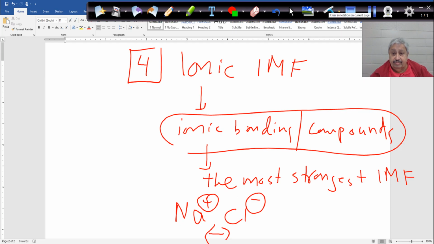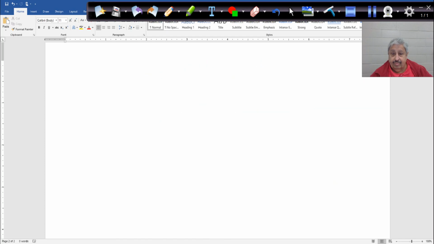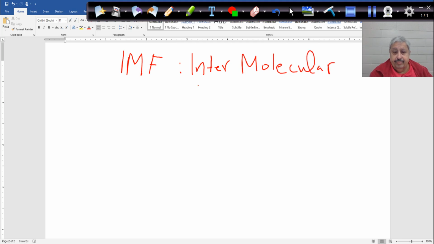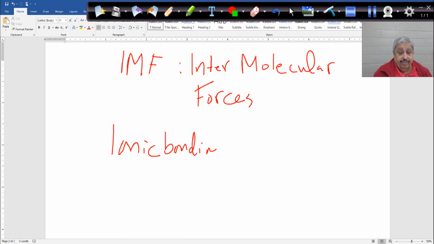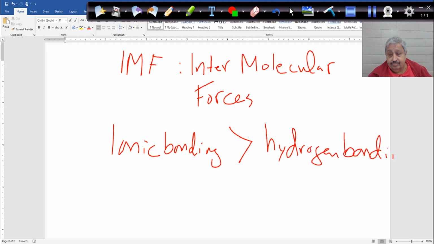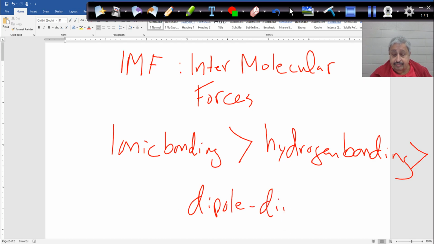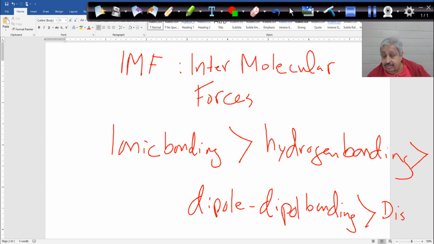The IMF, intermolecular forces: ionic bonding is greater than hydrogen bonding, and this is greater than dipole bonding, and greater than dispersion bond.